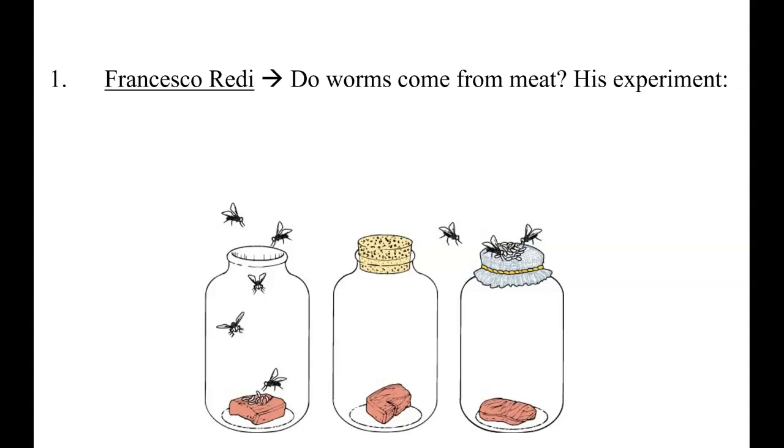It was the flies coming in, laying their eggs, and the larval form was those worms growing on the meat. So he started to do some work to disprove spontaneous generation.